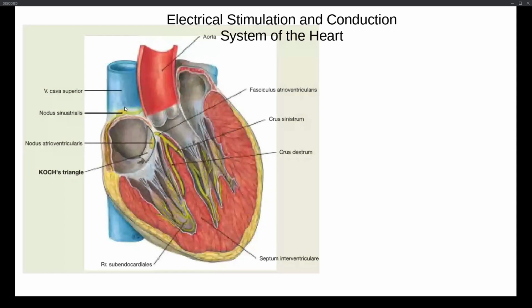It has its own little pacemaker. This is the nodus sinoatrialis, and it leads with these little fibers down towards the atrium, around the atrium, and toward the nodus atrioventricularis, which we already mentioned is in the Koch's triangle.